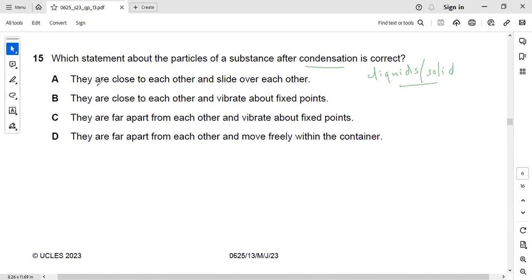So you can see the first choice, they are close to each other and slide over each other. This is correct. Second choice, they are close to each other and vibrate about fixed points. This is not correct in both the cases. So the right answer is A. And these two are wrong as it is written far apart.